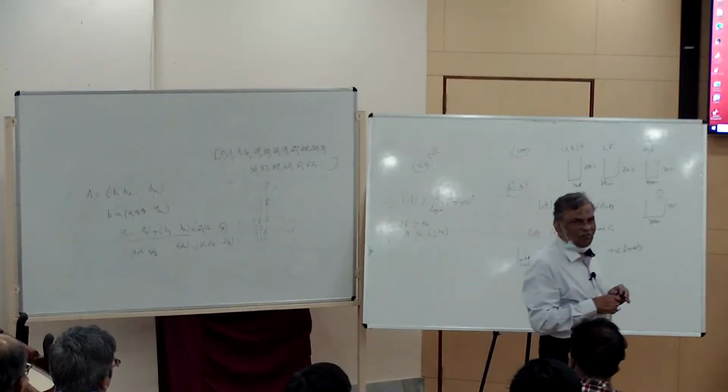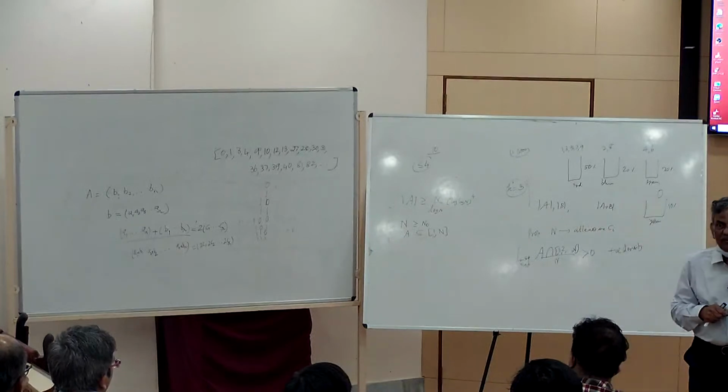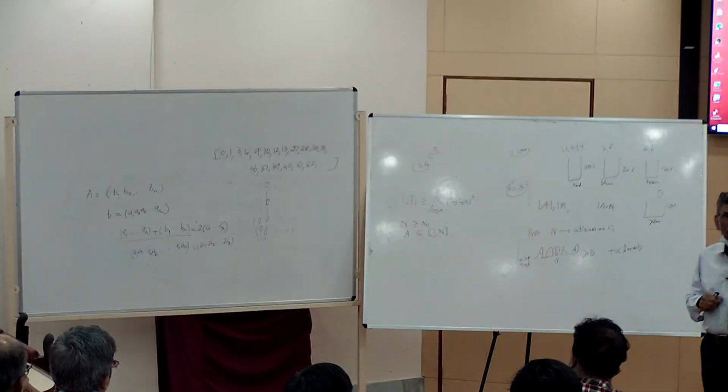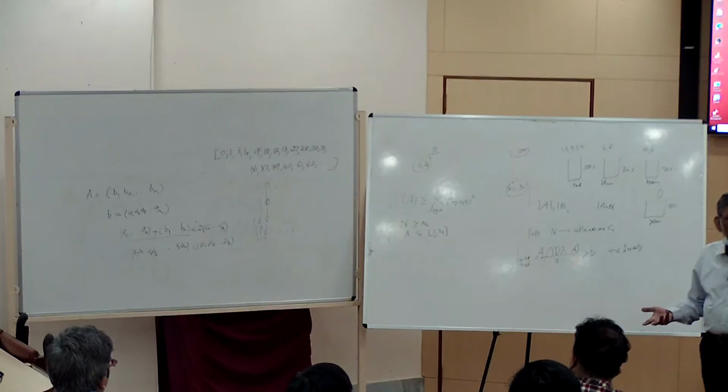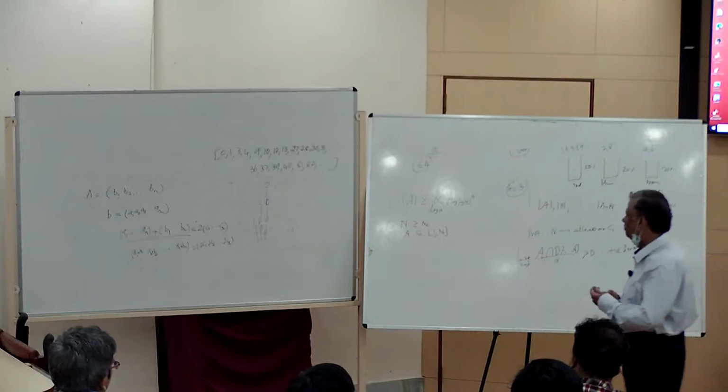Therefore, in base 3 a number has 2 representations. One representation is a1 plus b1, a2 plus b2, etc., ar plus br. Another representation is 2c1, 2c2, 2cr. Then obviously, a1 plus b1 has to be 2c1, a2 plus b2 has to be 2c2, etc.